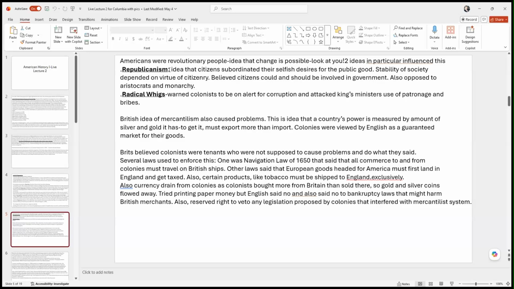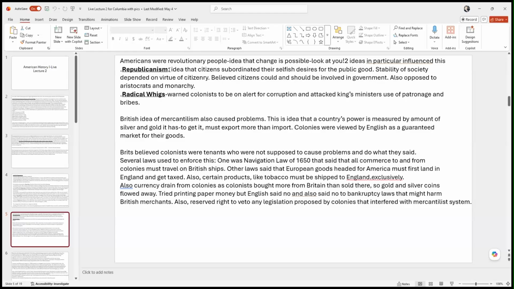So republicanism became a very popular idea. It came out of the Enlightenment period in European history. And it focused on the idea that citizens of a nation had a really high responsibility for the civic virtue of that nation.